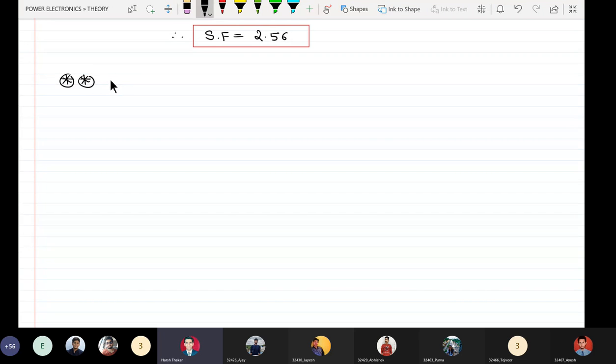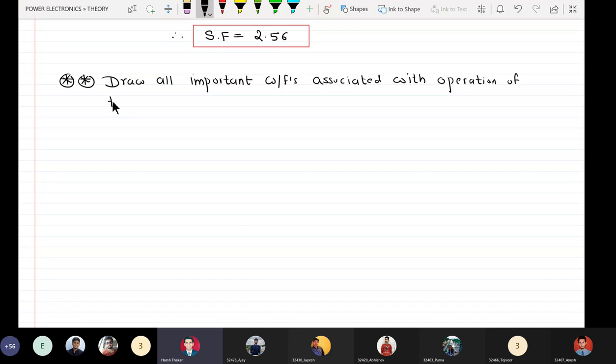Fine. Draw all important waveforms associated with the operation of the circuit shown below.